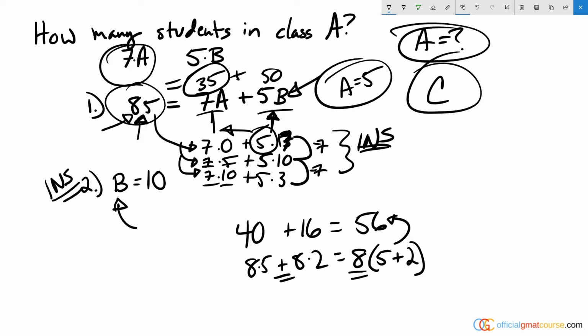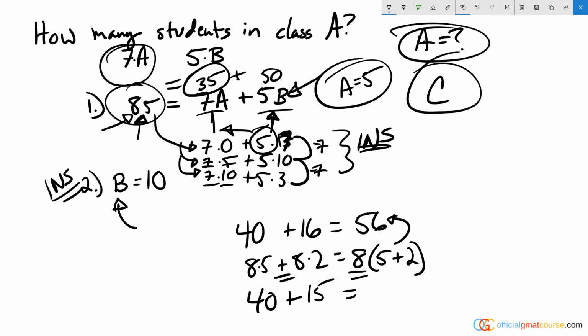And so when we're adding multiples of 5 together, I know that I will get a multiple of 5 out. And it's also impossible for me to add something other than a multiple of 5 to an existing multiple of 5 and still get a multiple of 5 as my solution. Just like I can't add any random number to 40 and still get a multiple of 8 out.